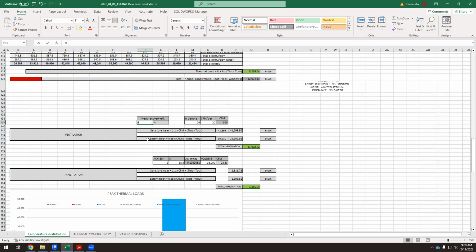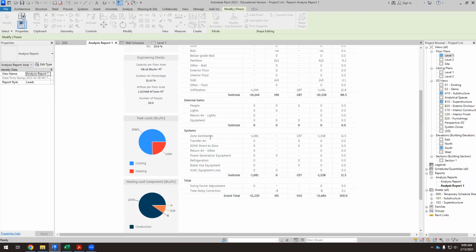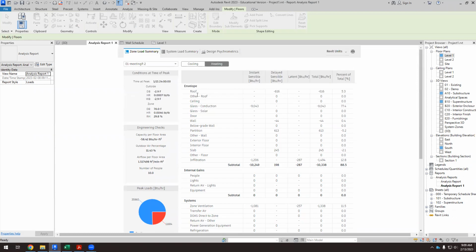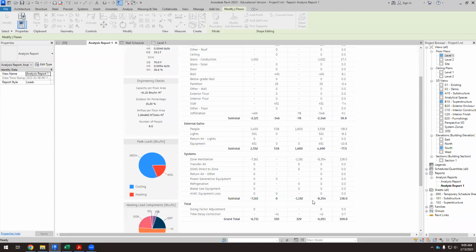That means that here probably I have a heat recovery. So if I have a 90% heat recovery, which is possible, here we can have 6,000. Probably the heat recovery, it's a 95, 3,000. Okay, so it's clear that Revit has considered a very good heat recovery. So basically, because through the ventilation, we have 1,000 here, but I have to add up all the offices. So this is 8,000.